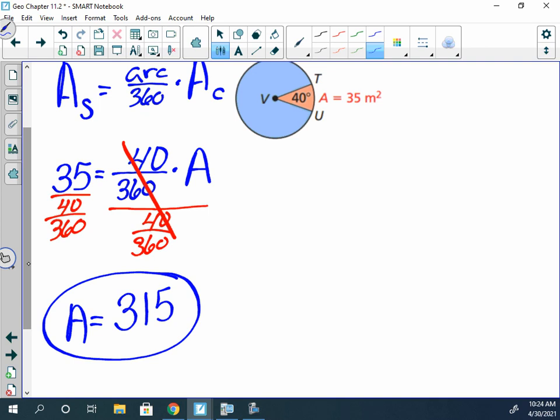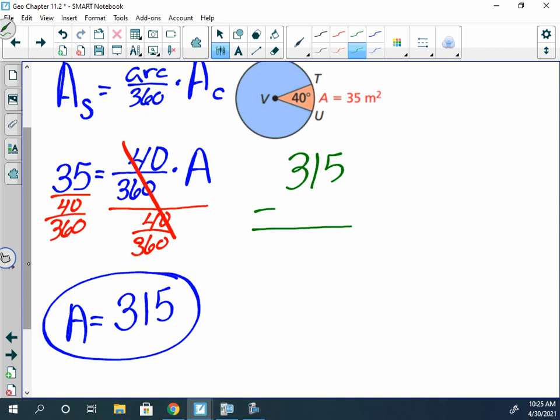It's not asking for this, but how could I find the other sector, the area of the other sector? We could do that, but there's an easier way to do it. So the one in blue, how could I find it? Well, 315 is the area of the entire circle.